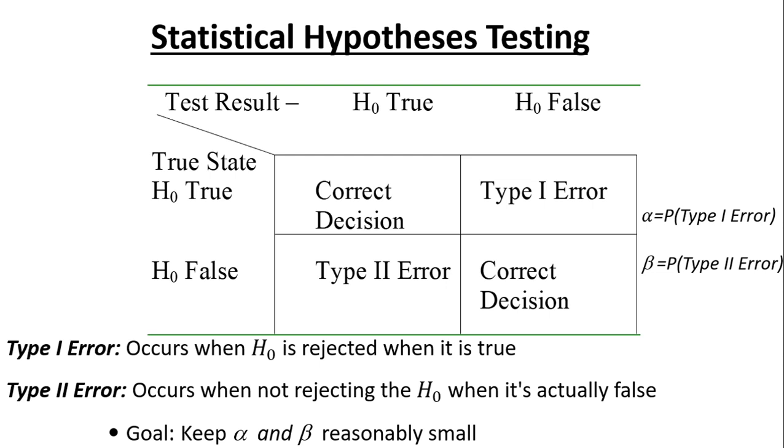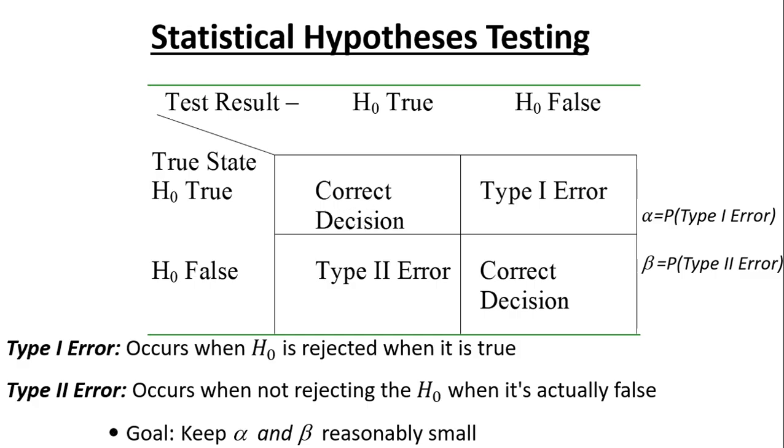In your test result, H naught means your null hypothesis, what you state to have no effect, no association. Here, your null hypothesis is true, and in reality it is true. So you make a correct decision.